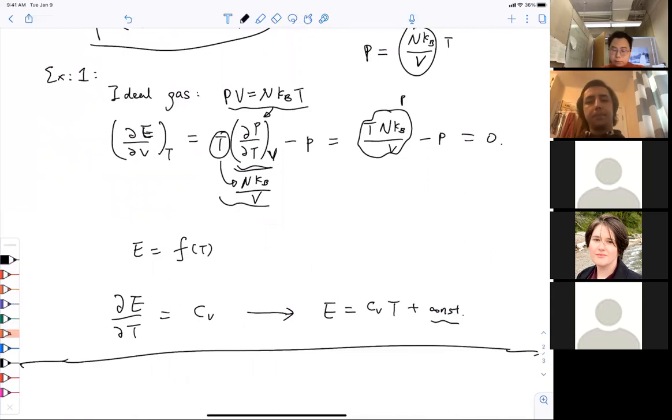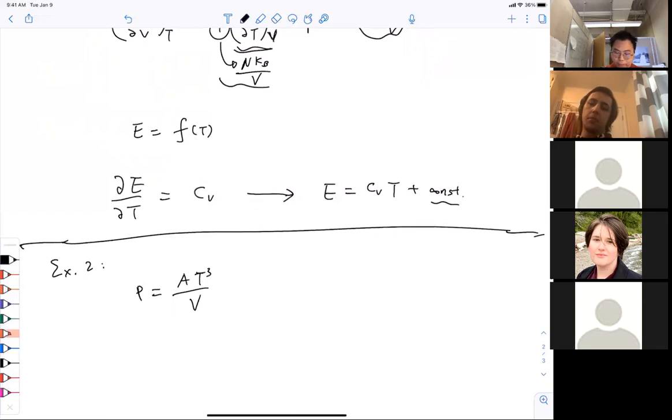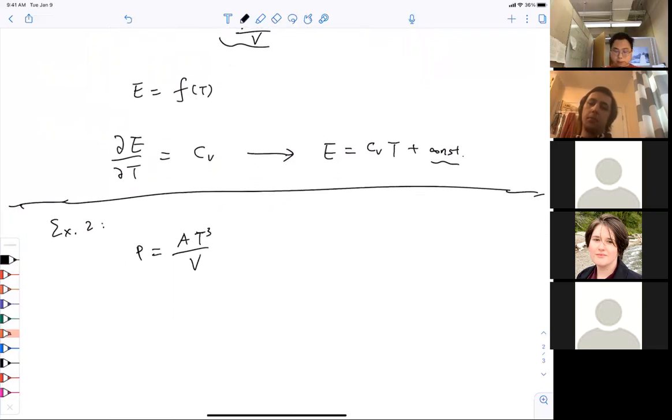Another example I want to do is just to show you it always works. Let's assume the state equation is given in this form, where A is a constant, T is the temperature, V is the volume. Now we don't know the CV.